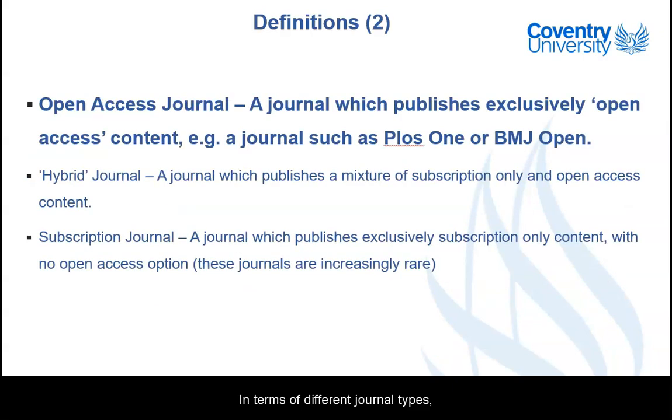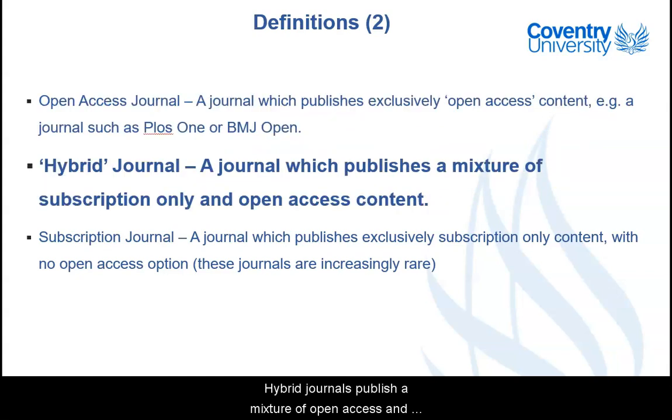In terms of different journal types, broadly speaking, there are three. Open access journals exclusively publish open access content. Some operate on a commercial basis and levy APCs on authors who publish with them. Others may be not-for-profit or derive funding from other sources and so may not charge APCs. A well-known example of an open access journal is the mega journal PLOS ONE.